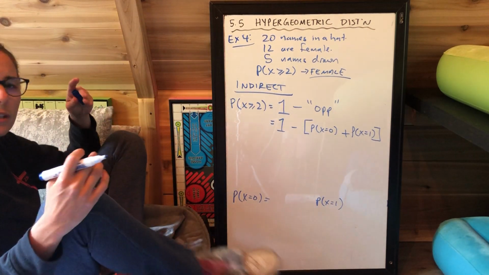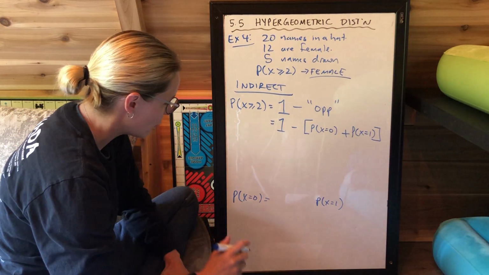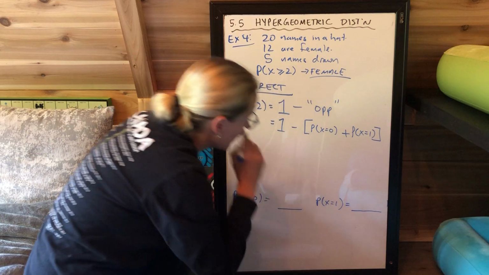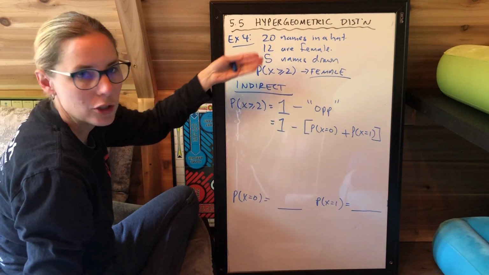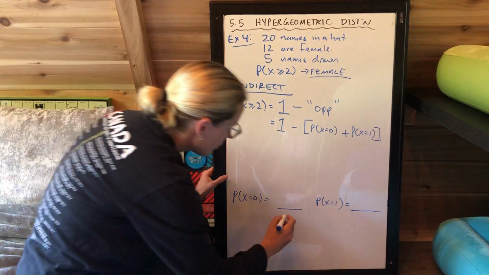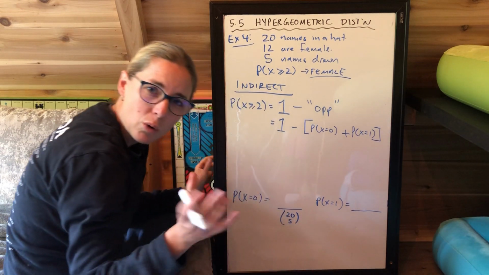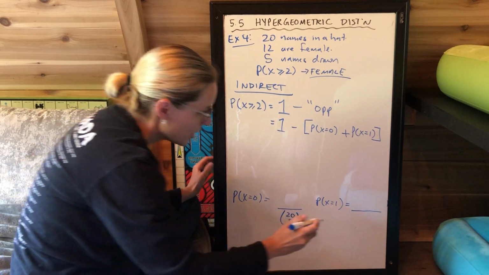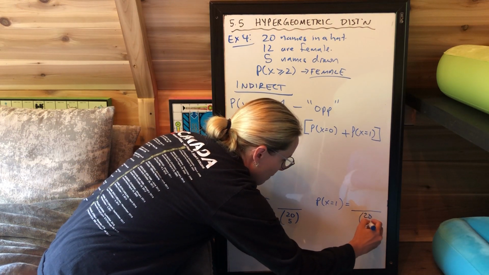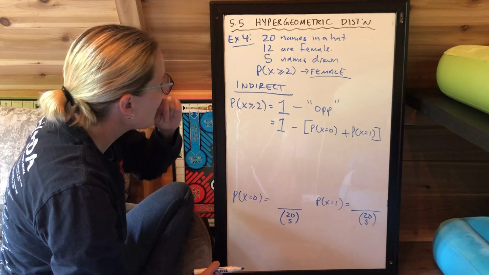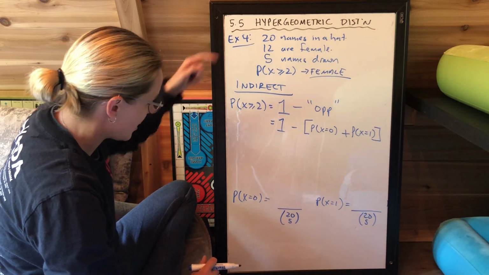So without using that big formula, without even thinking about the big formula, just really analyze what this is asking. There is a group of 20 people. You are drawing 5 names. So your denominator, without regard to any restrictions on what are the successful and failure things, it's just 20 choose 5. Now in the numerator you split them up into success and failure. So we're considering a female a success.